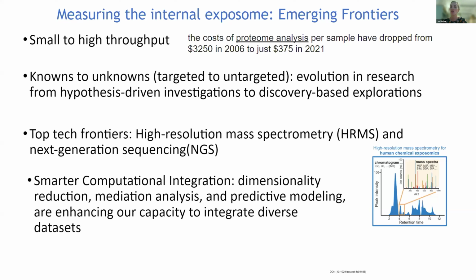And this is the case for all omics analysis, which allow the screening of many more samples and gives us the right sample size to start to do this kind of analysis. We've also moved from analyzing knowns to unknowns, from targeted measurements of a few proteins, for example, 100 proteins to 1,000 proteins, and also able to measure unknown proteins or chemicals in omics assays.